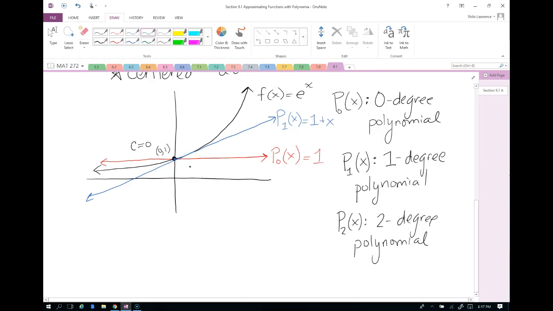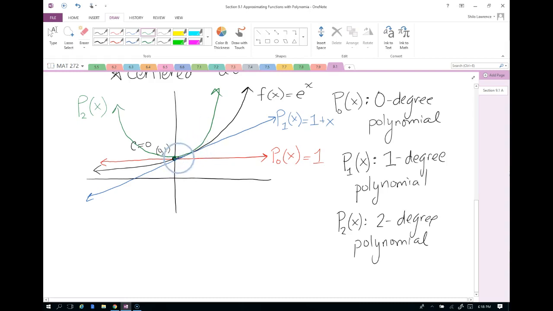So it's going to take me a little bit more calculations to figure this one out, but I believe, and we'll pretend that goes through. This would be our p sub 2 of x, because we now have a second degree equation, which means it goes out to an x squared, which means it's a parabola.